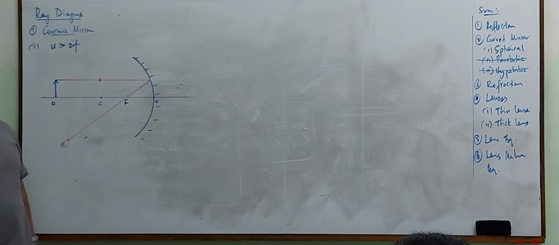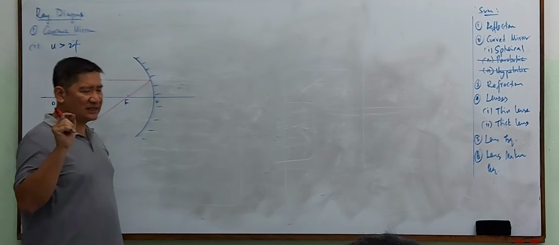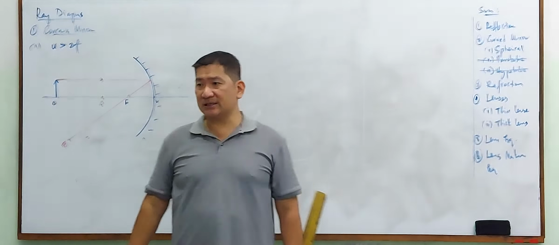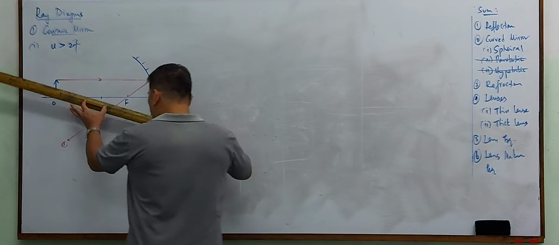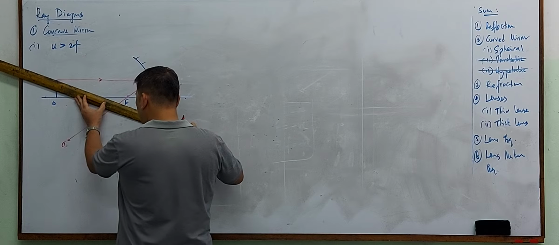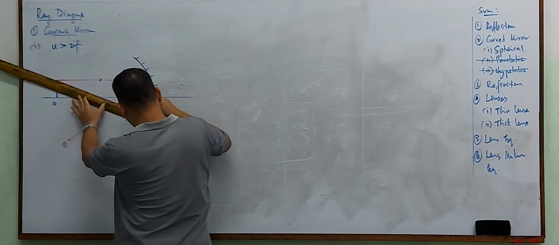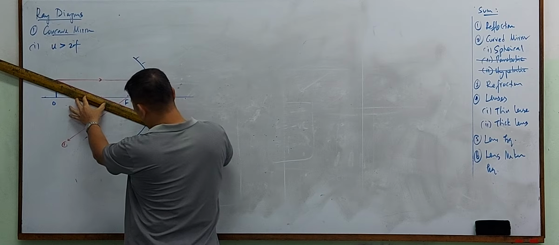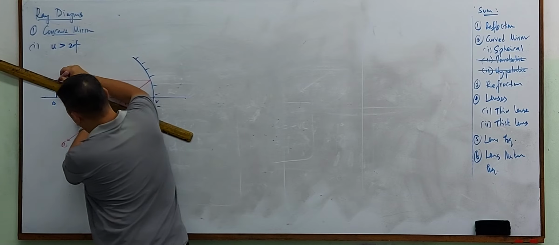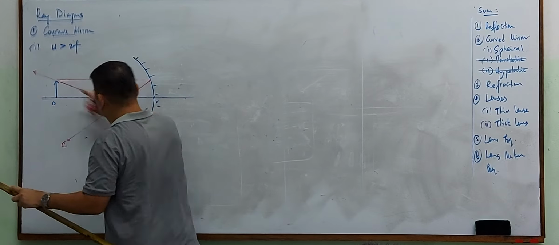The second light ray is a light ray that passes through the center of curvature, C. Any light ray that passes through the center of curvature does not change direction. It goes straight in, because it hits the mirror at 90 degrees, and reflects back in the opposite direction.